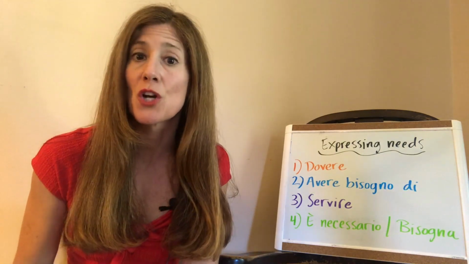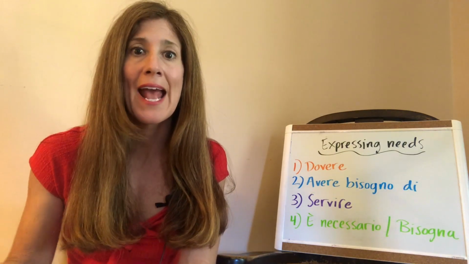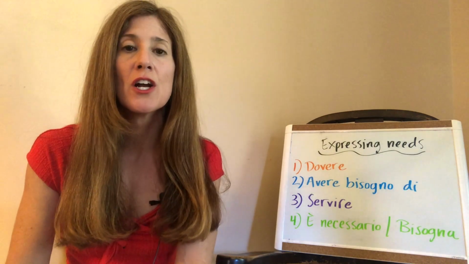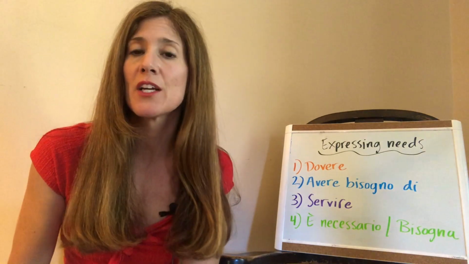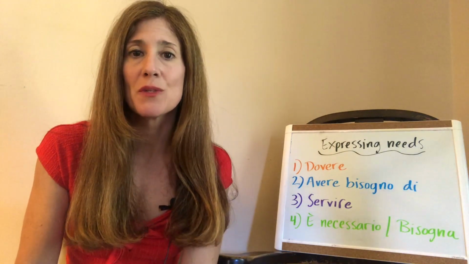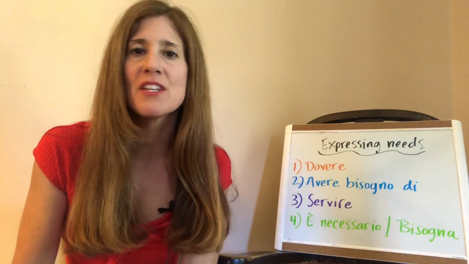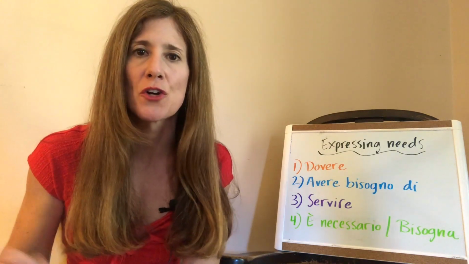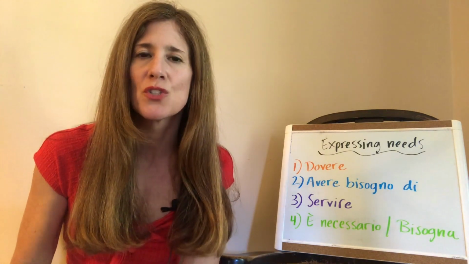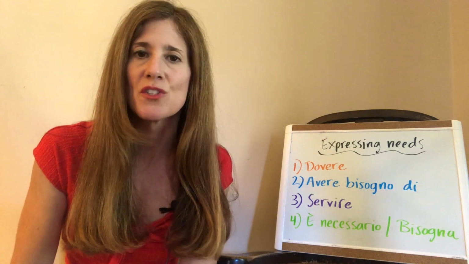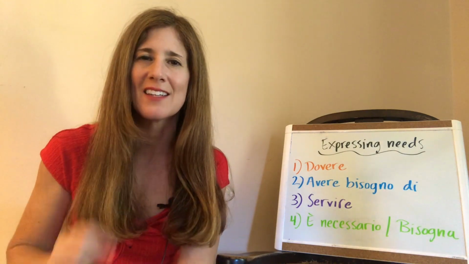Both of these verbs are irregular. Dovere and avere are both irregular. And the third way we can communicate a need is with the verb servire. Servire is a regular verb, and we're actually only going to be using 2 different conjugations with servire, and we will get to that soon.